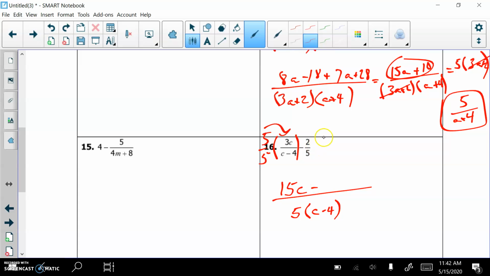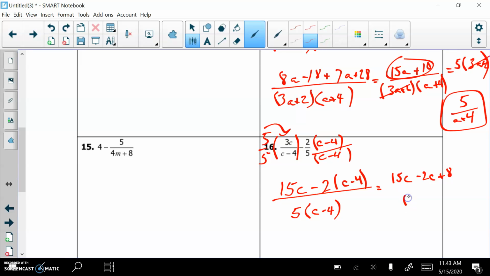Minus, this one needs a c minus 4 over c minus 4. That's minus, now let's just write it like that. Minus 2 times c minus 4 gets me 15c minus 2c plus 8.